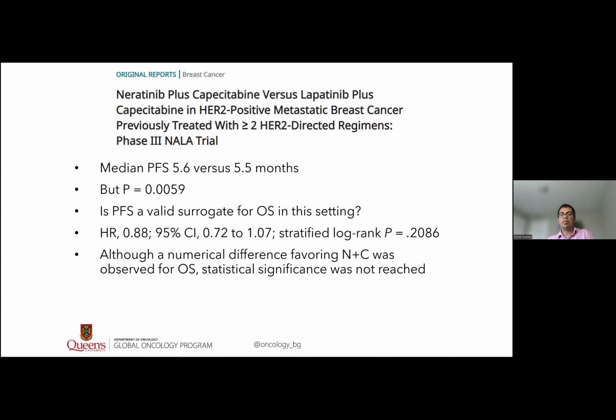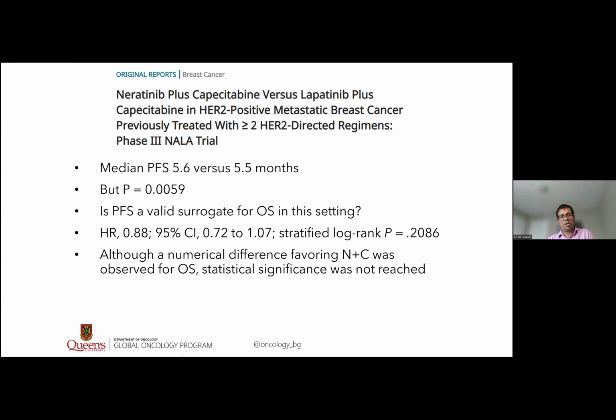That's a difference of 0.1 month of PFS. Not even OS, 0.1 month of PFS. That is 3 days. Those 3 days can simply be because there is a difference in scheduling for taking CT scans of 3 days.